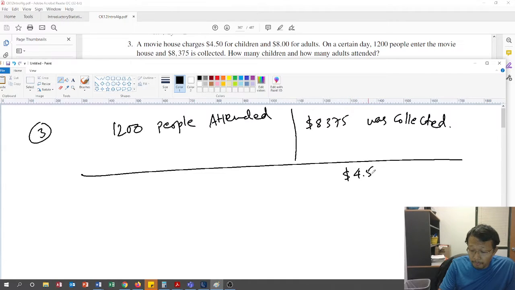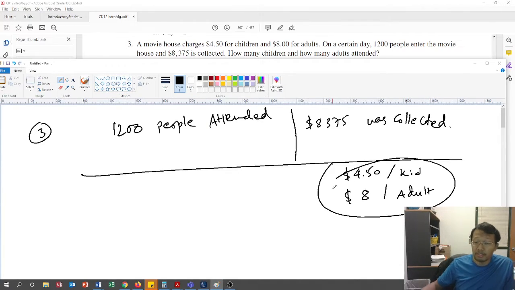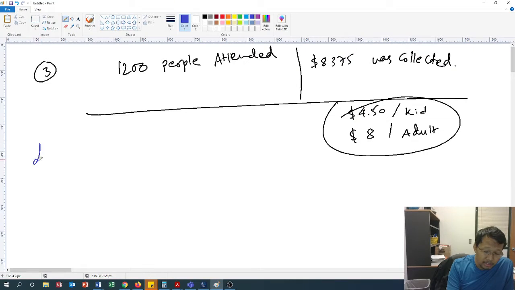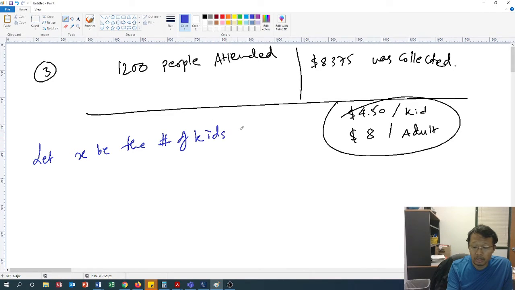$4.50 for a kid and $8 for an adult. That's the rate of the ticket entry fee. Here we need to realize that 1,200 people attended, so let us assume X is the number of kids who entered this movie hall and Y is the number of adults who entered.